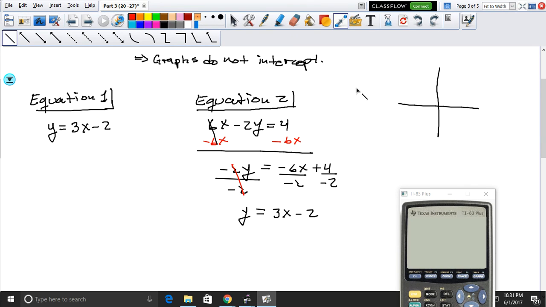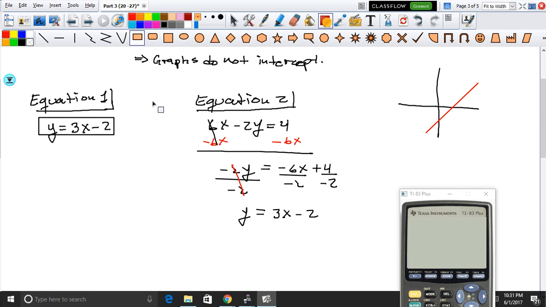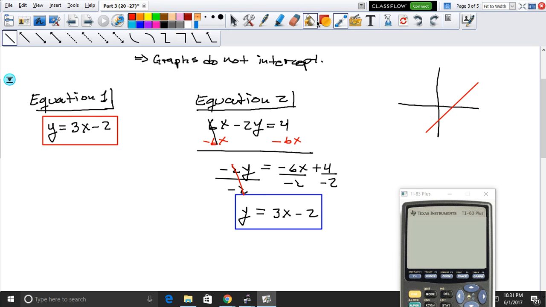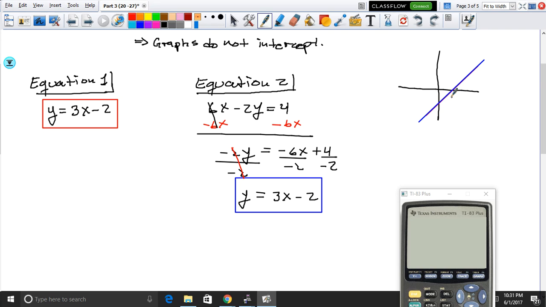Let's say that the first equation, if you actually plug that in, gives you some line that looks like this. Now for the second equation, because it is the same equation, it's going to give you the same graph. That means it's going to overlap. If the graphs are overlapping, they are touching each other an infinite number of times, and every time they intersect with each other, that is a solution.